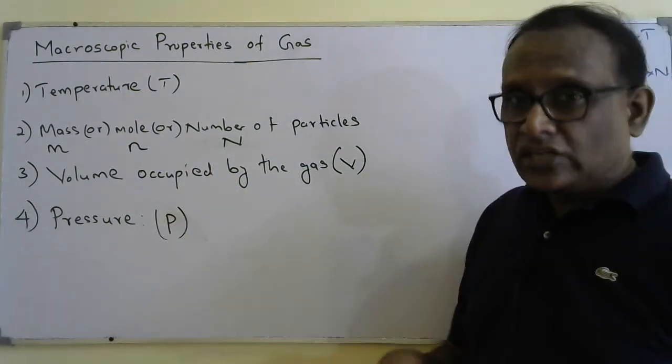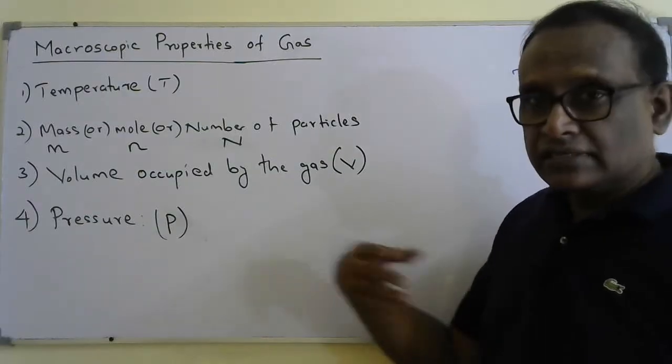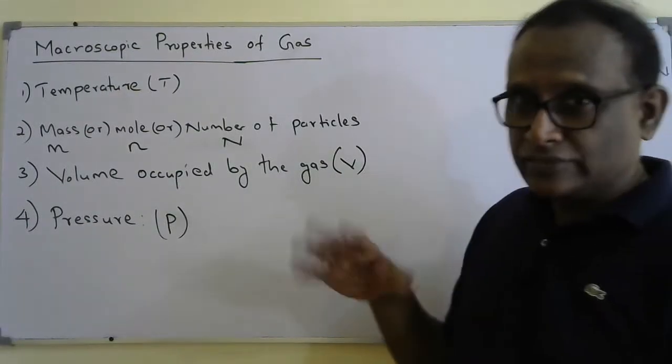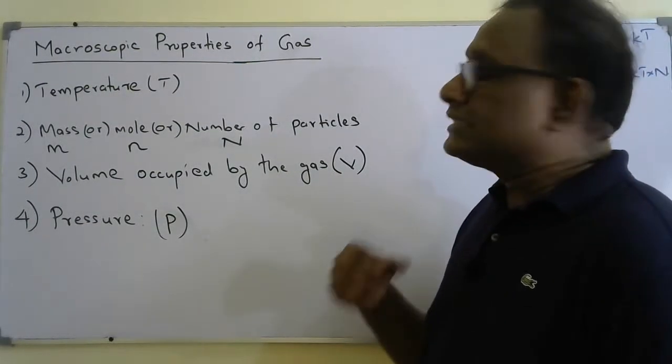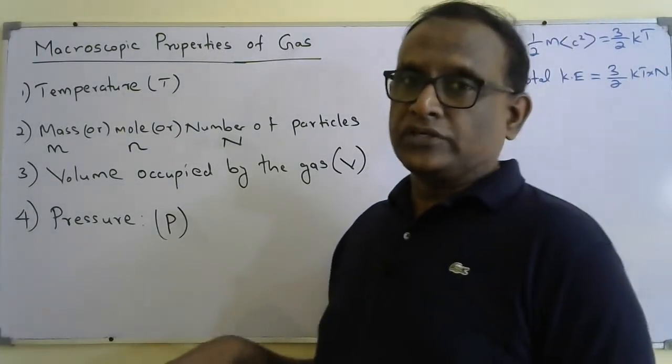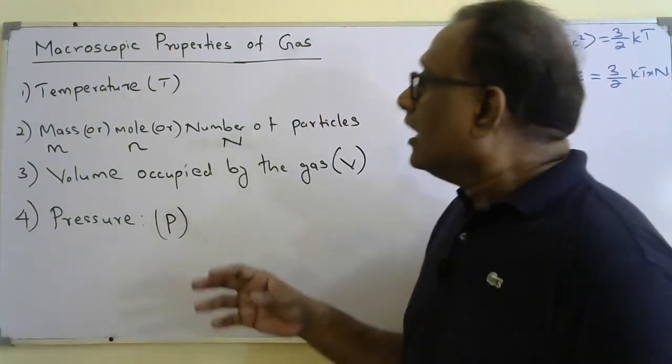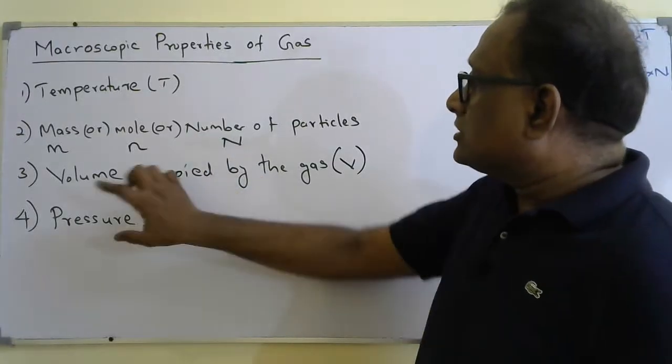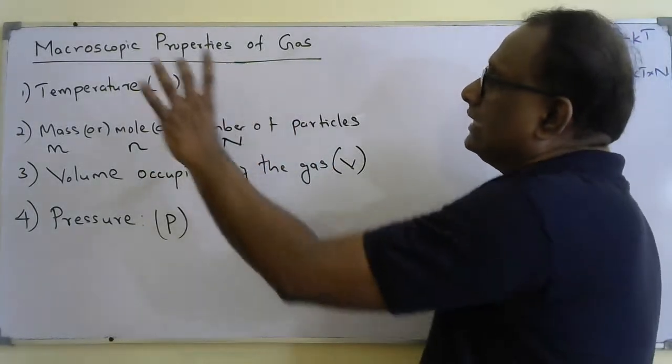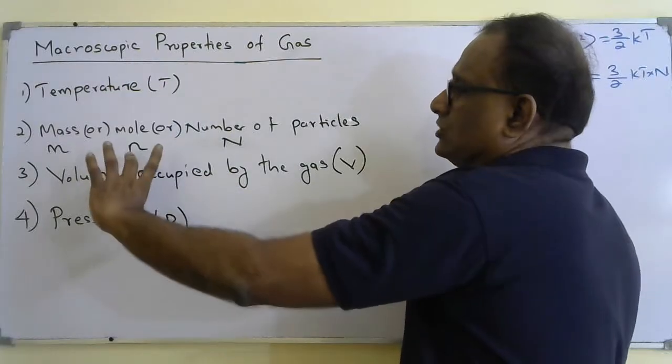Then pressure law. I'll come one by one, but I'm just quickly summarizing what I'm going to do. Pressure law means P1 over T1 equal P2 over T2, you learned that. Pressure law means for a constant mass of gas at constant volume, we consider these two constant. Earlier we considered the first two constant and these two varied.